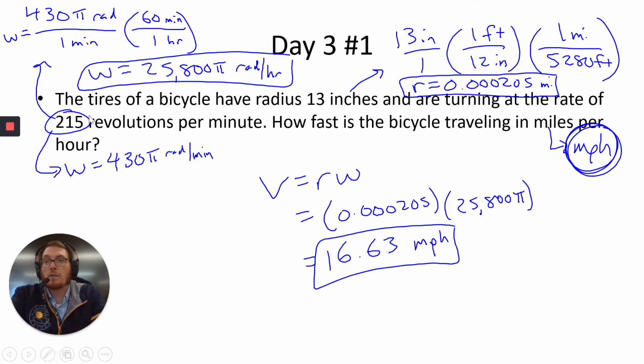So if you take 215 times 2 pi, you'll get 430 pi radians per minute. But you need it to be per hour because you want miles per hour. So you're going to have to multiply that by 60 minutes for every 1 hour, and you'll get this huge number for omega, 25,800 times pi. But when you multiply that by the 0.000205 number, you'll get 16.63 miles per hour.